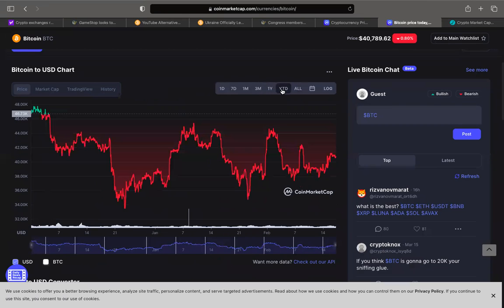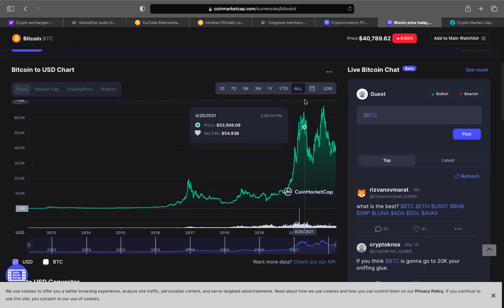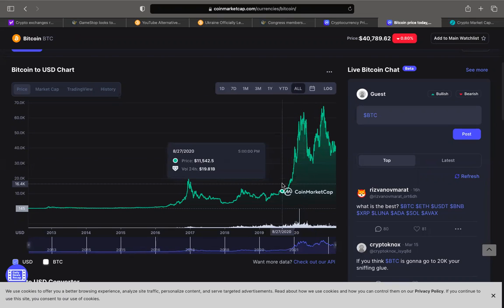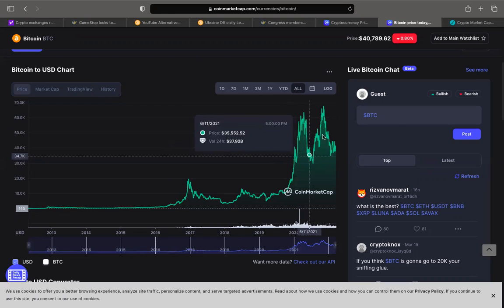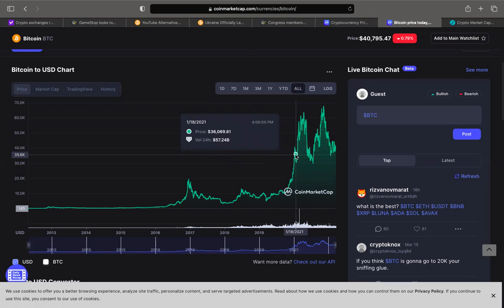Makes sense, right? But my point is to use them in conjunction, because if I go to the all-time chart right here, I would like to point out something interesting. So for those that can't see, I am pointing out the similarities between the percentage growth over time and Bitcoin's price charts.